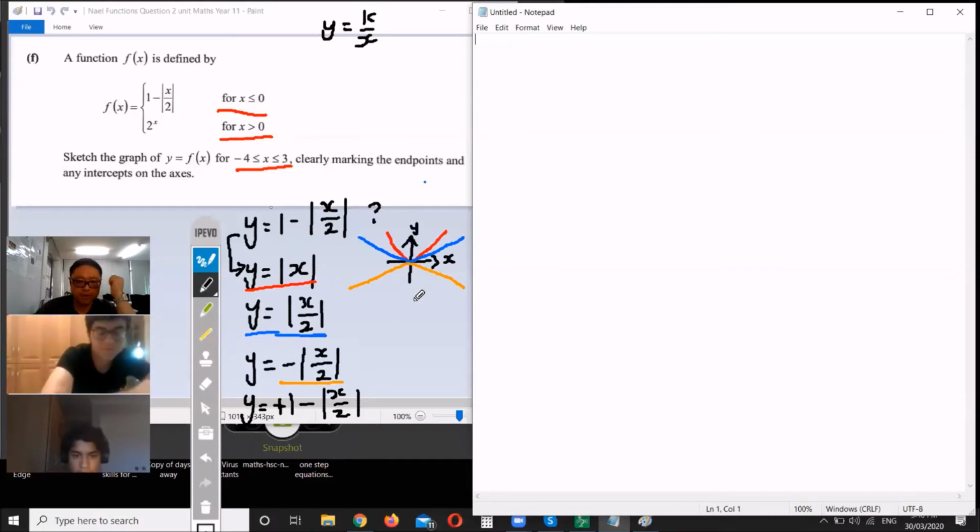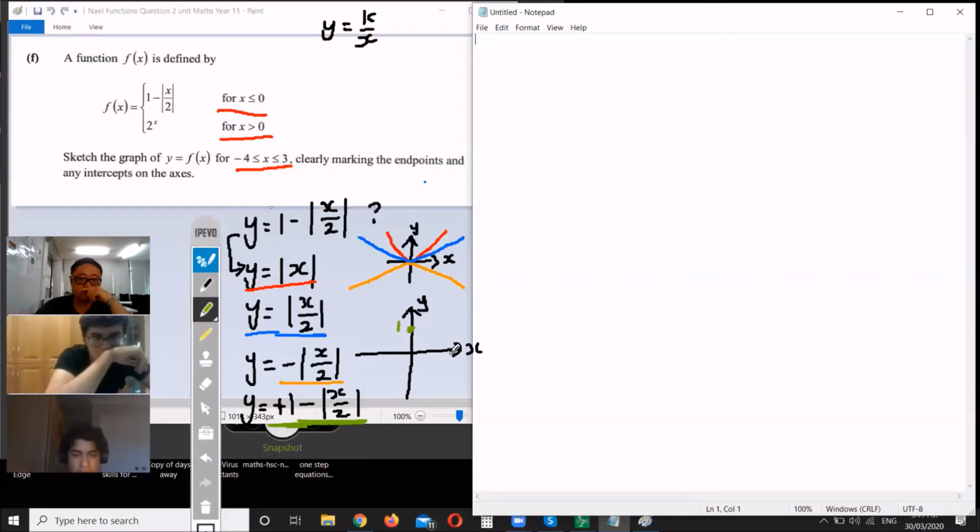Essentially, let's draw this. Y-axis, x-axis, and we're choosing green. What is the y-intercept? 1. What's the x-intercept?